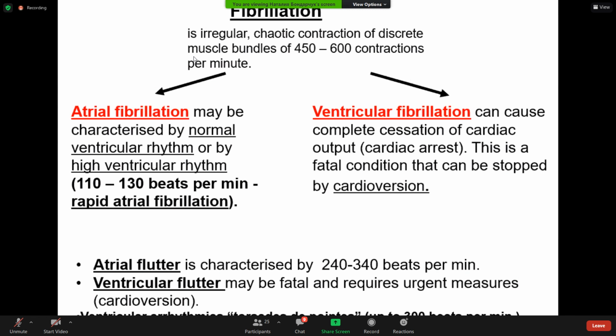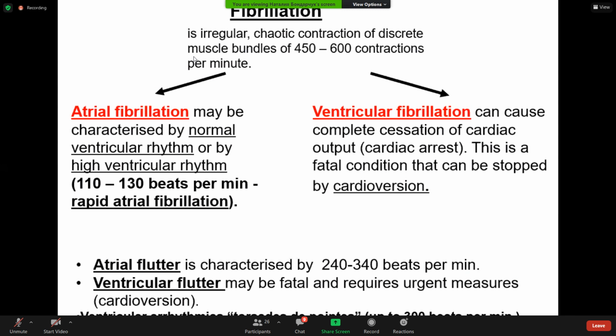Ventricular fibrillation can cause complete cessation of cardiac output. In another word, it is called cardiac arrest. This is a fatal condition that can be stopped by cardioversion. Atrial flutter is characterized by 240 up to 340 beats per minute.